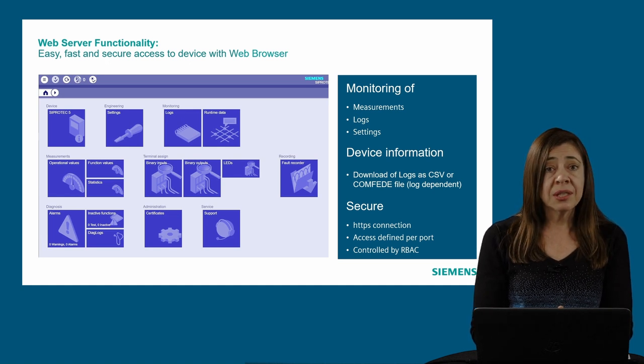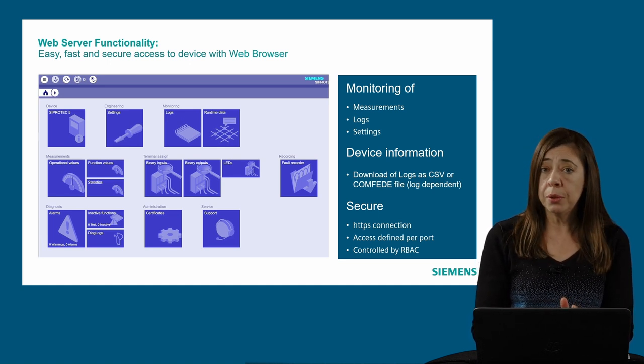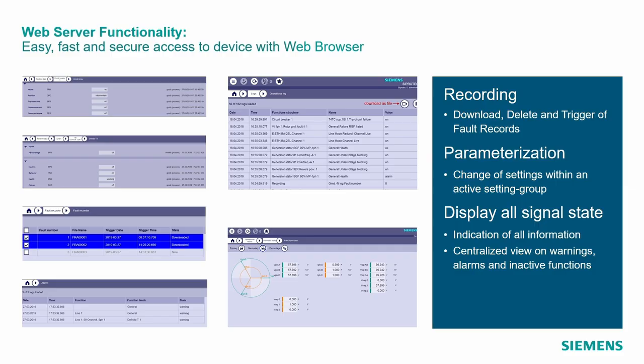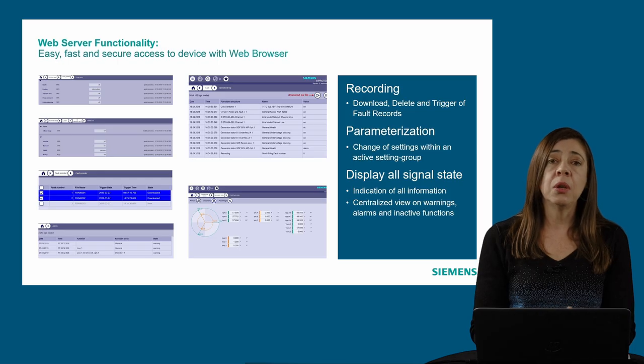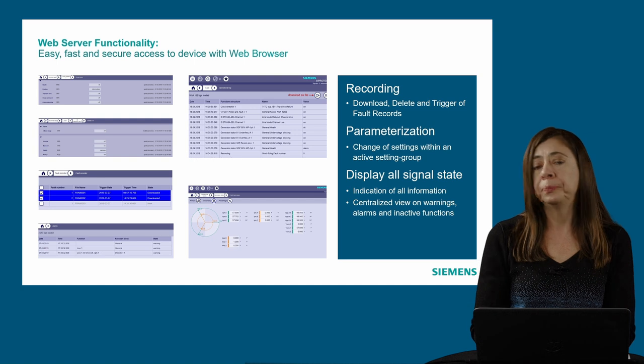The connection is made completely secure between the software and the device. You can also manage the recordings, so you can download them, you can trigger the recording itself, or you can even delete it. You can change also parameters from the active setting group, and you can see all the logs and events that the device has been recording.